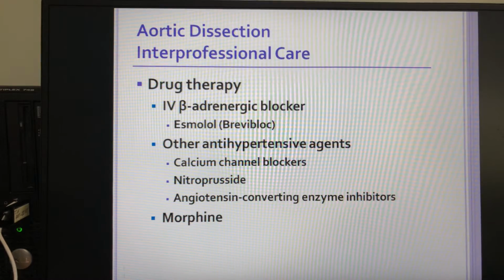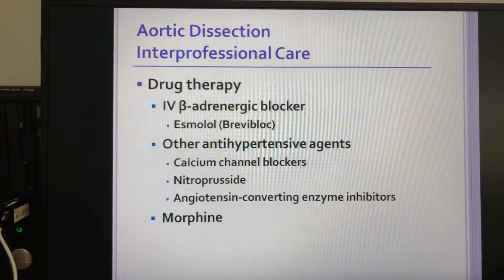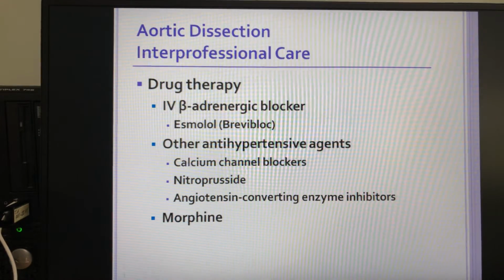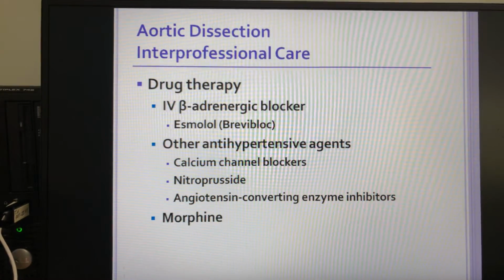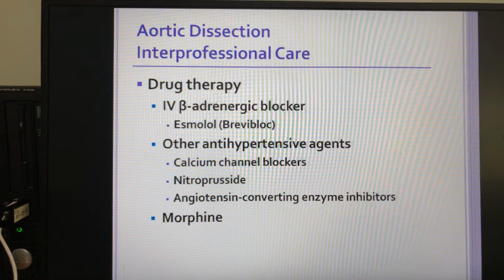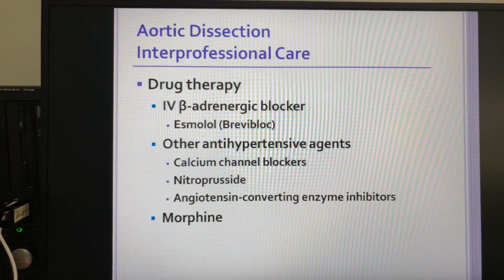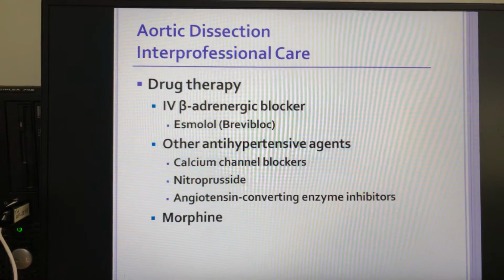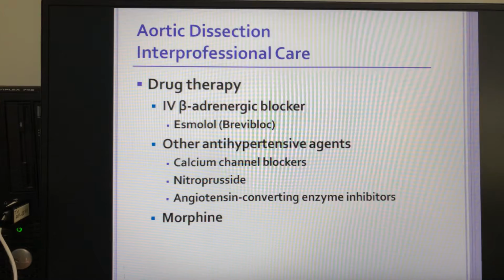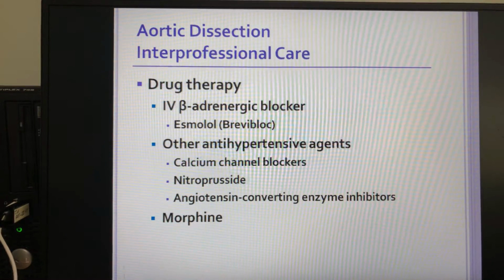And we mentioned nitroprusside, and that's Nipride, but you have to really watch your patient, because patients are very sensitive to Nipride. You give them 2-3 drops and look at, and your next 15-minute blood pressure may be very low. And then we talked about the angiotensin converting enzyme inhibitors, as well as other antihypertensive drug therapy.